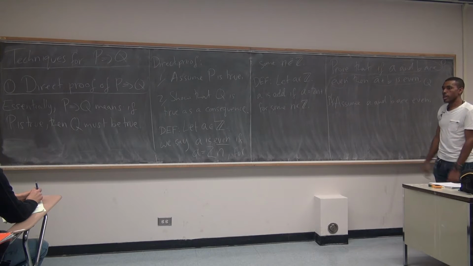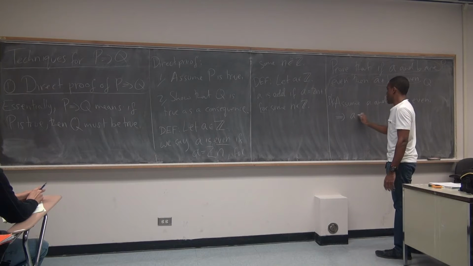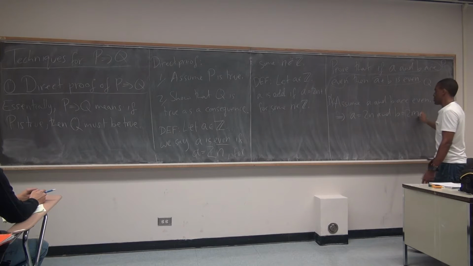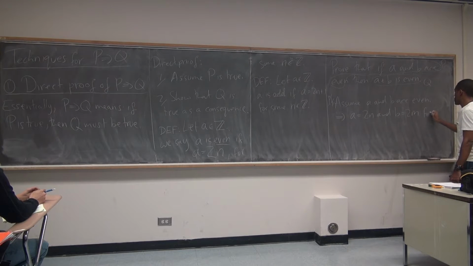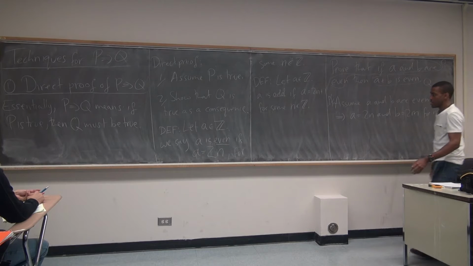Immediately, what does that mean? A is 2n and B is 2m. They could be different, so n, m in Z, right? So I start by assuming this. I write down what that means, and now I want to use that.